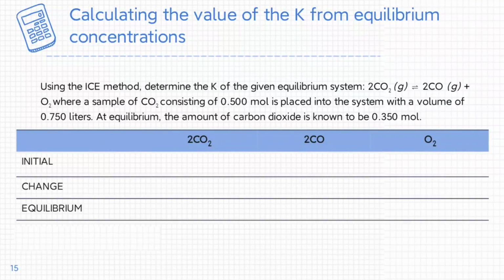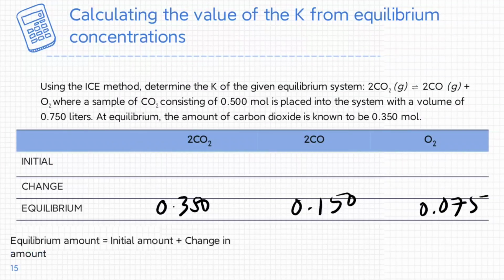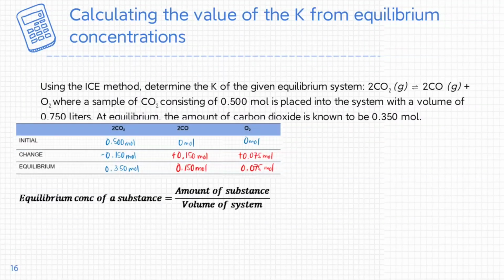Now, we have the value here, 0.350, 0.150, and 0.075. So, the formula there is, hindi niya binanggit dito. Ayun, yan. So, the formula here would be equilibrium concentration of a substance is equal to the amount of the substance in equilibria over the volume of system.